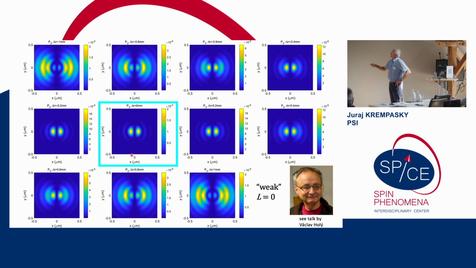And the reason is that I'd like to highlight what happens when we consider this weak and strong component. What you see here is a series of projections of this P3 polarization before focus, right at the focus, and after the focus.